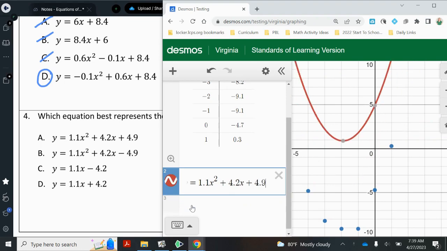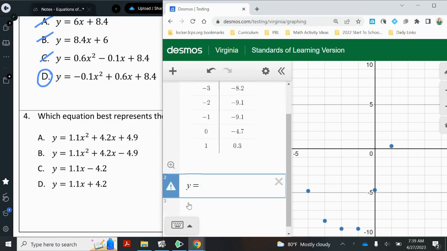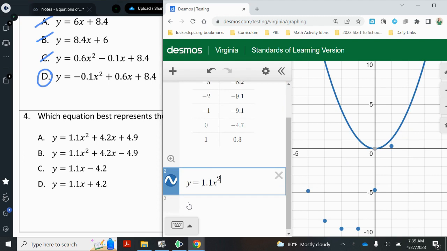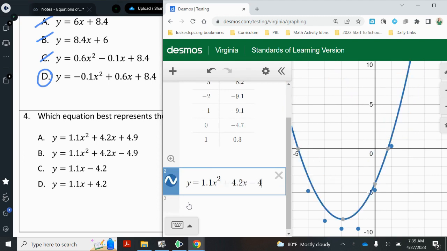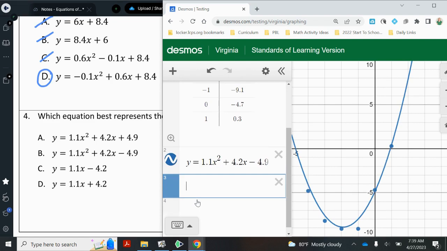As you see, the line in red coming up is nowhere even close to the points, so I have to cross it out and try letter B. Looking at letter B of my multiple choice, I type that exact one in, copy and paste it. And you see that really closely is near my data points. So I like that one. I'm going to keep it.